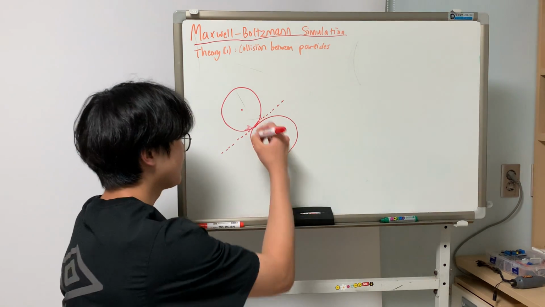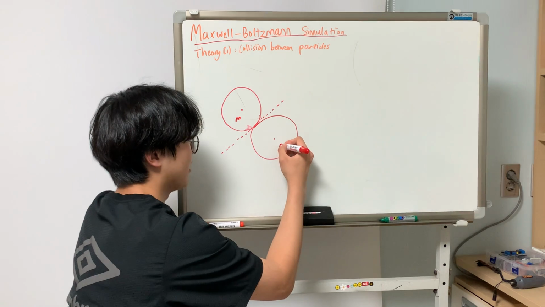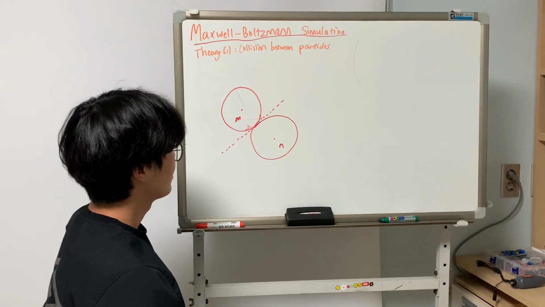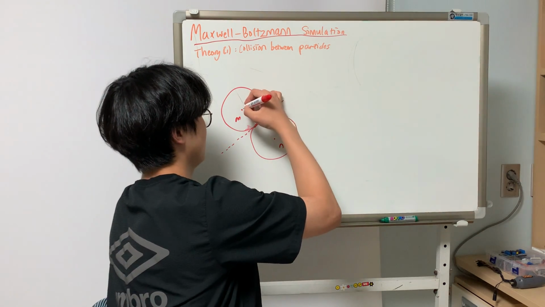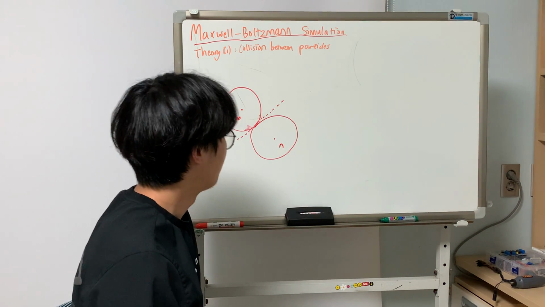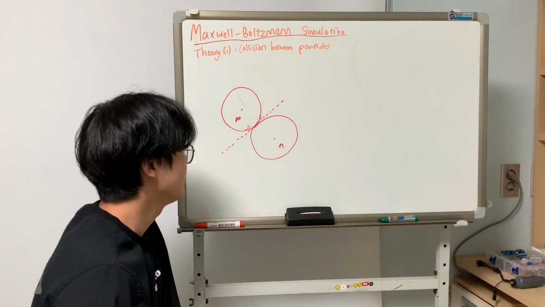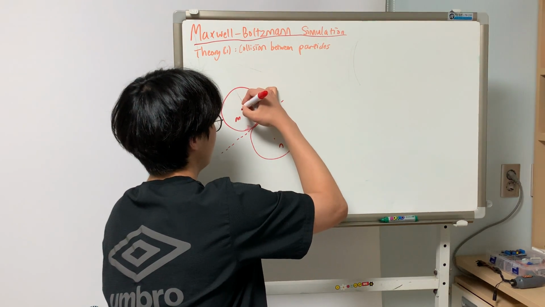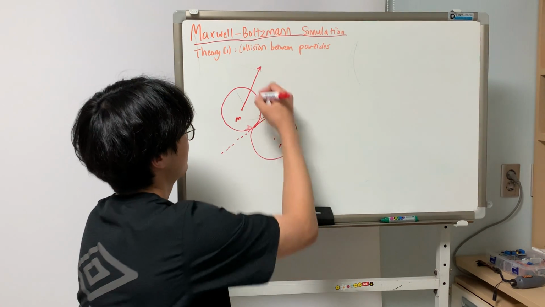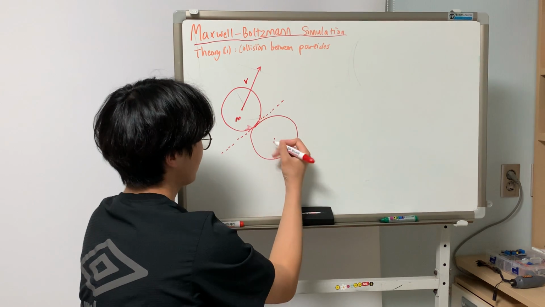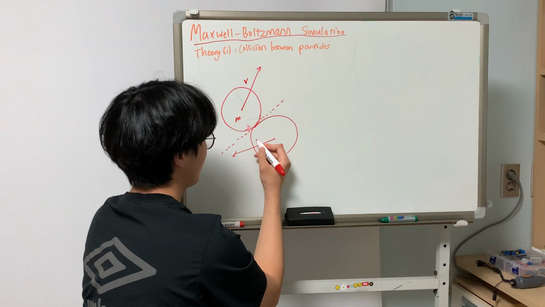Let's say this particle has a mass of m, and this particle has a mass of n. Both particles must have some velocity before the collision. Let's say this particle has a velocity in this direction of magnitude v, and this particle has a velocity in this direction with a magnitude u.